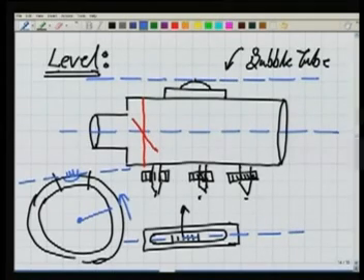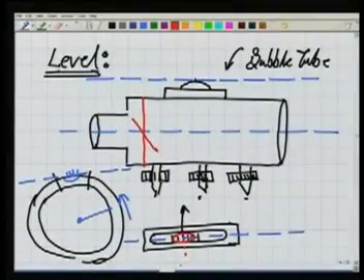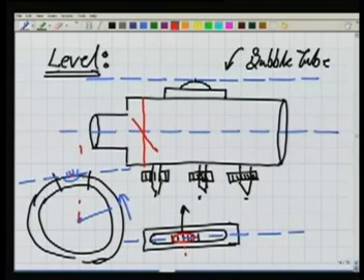What I mean is, if this bubble, which I am showing in red here, is in the center, or the center graduation is in the center of the bubble, the moment we have a situation like this, it means this point is exactly pointing upward.